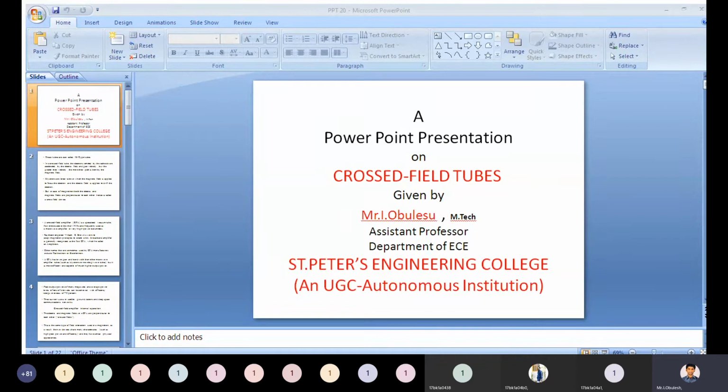The tube was placed between the poles of a horseshoe magnet arranged such that the magnetic field was aligned parallel to the axis of the electrodes.